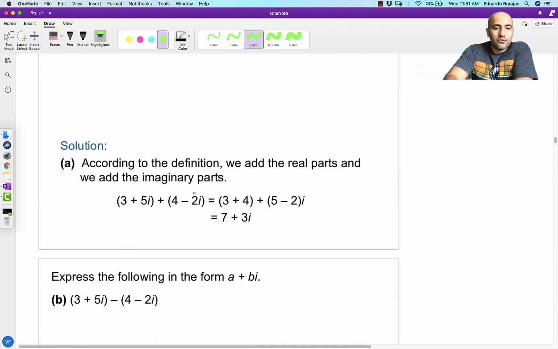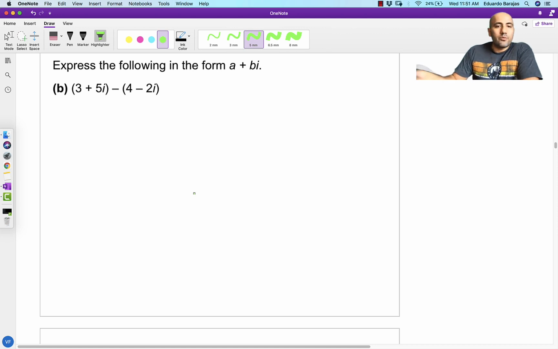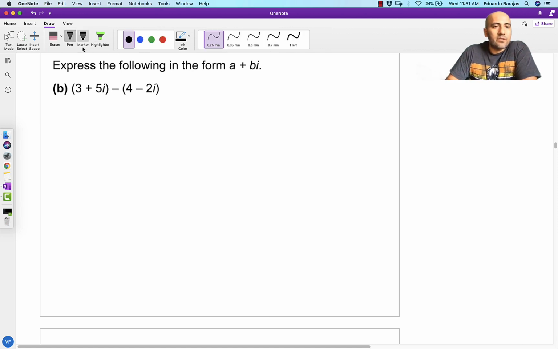So here's the solution the author had. How about subtracting complex numbers? Super easy as well. We're not going to do as much detail this time. I think it's pretty obvious. We just have to distribute this guy. So make sure you distribute that minus 1 into each one of these terms. And we'll end up with 3 plus 5i minus 4 plus 2i.